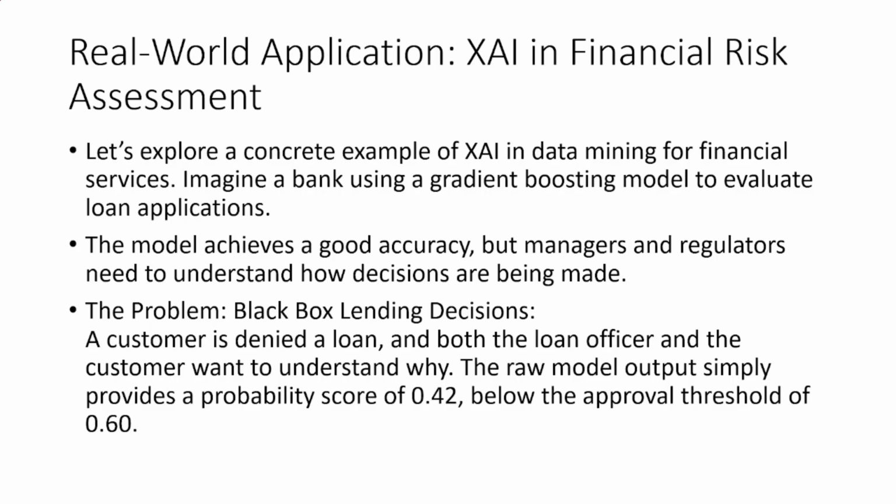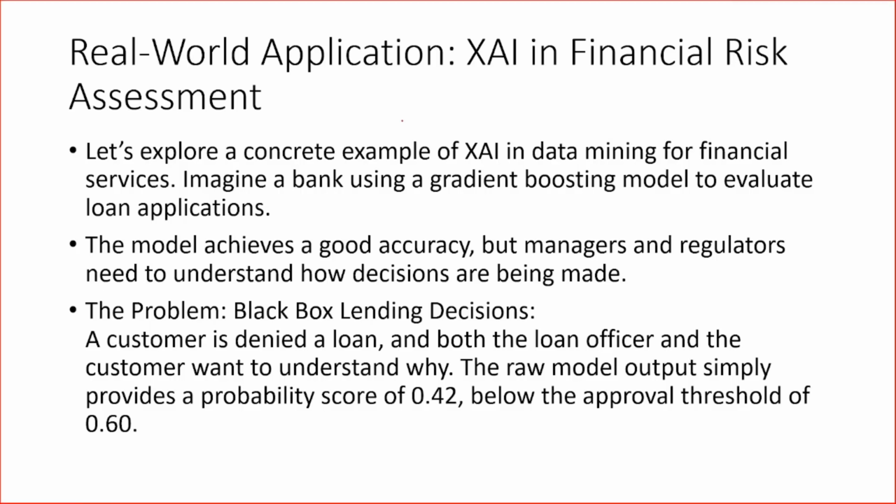So next, let me give you a real world example. We have XAI in financial risk assessment. Imagine a bank using a gradient boosting model to evaluate loan applications. The model achieves good accuracy, but managers and regulators need to understand how decisions are made. A customer is denied a loan, and both the loan officers and the customer want to understand why.